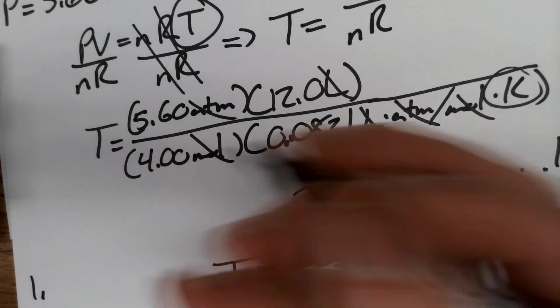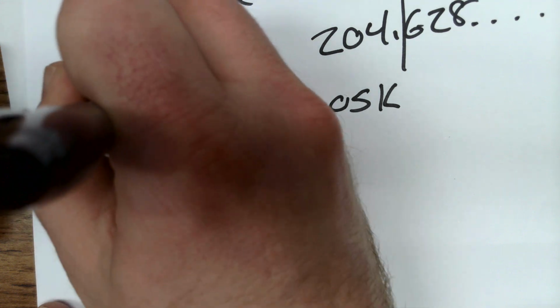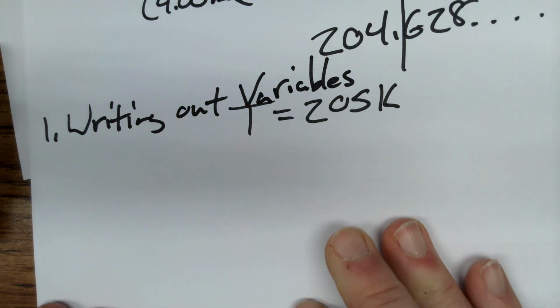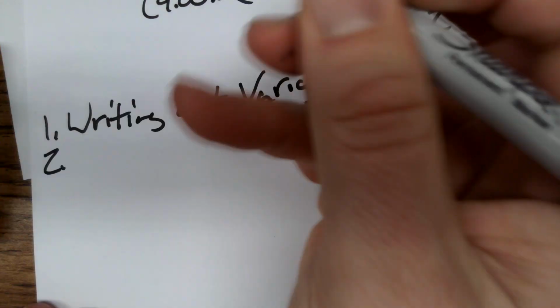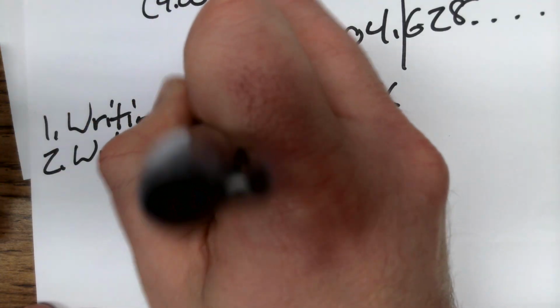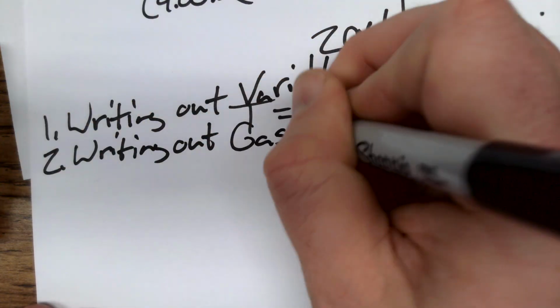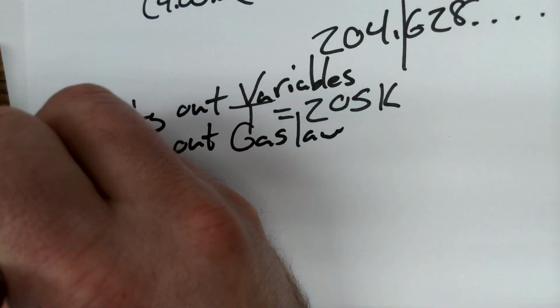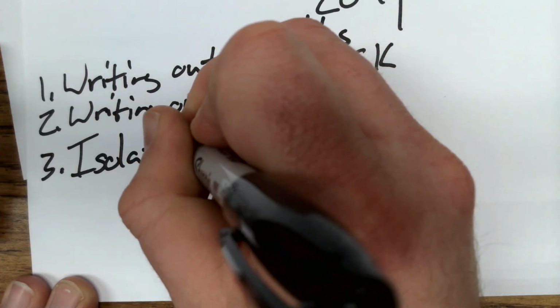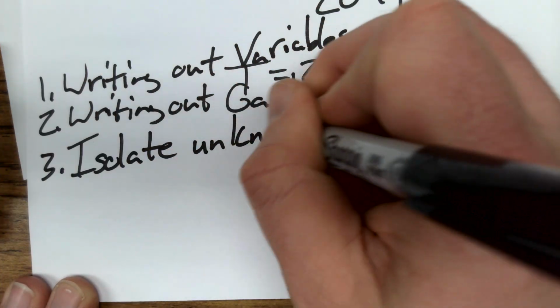By first, writing out your variables. Step 2, writing out the gas law. Step 3, isolate the unknown variable.